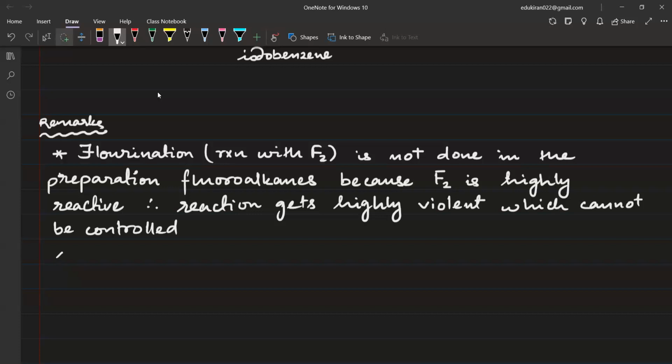Now, write the next point. Similar is the case, not similar, but for completely opposite reasons, we don't do iodination. Please write iodination.